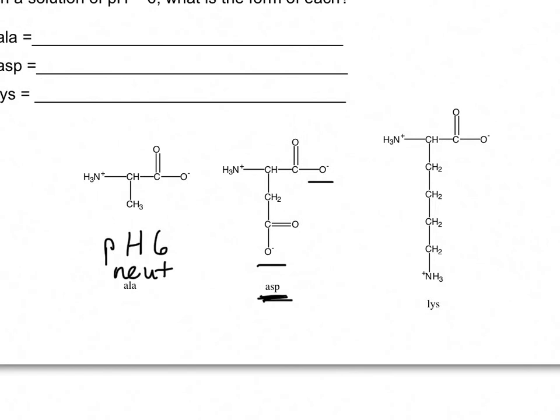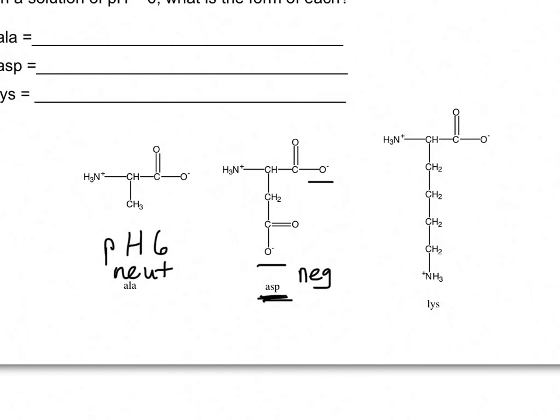That pH is high enough, they both went. But it is not so high that the amine went. It's still protonated. So this is above its Zwitter-ion for sure, because it has a charge. It's not neutral. The overall charge is a minus, and a plus. It has a negative charge.